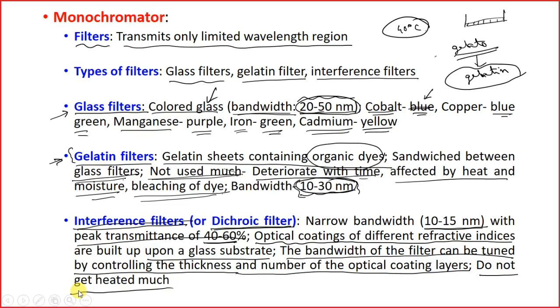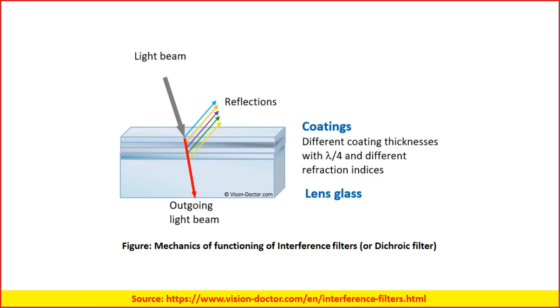Okay, now how does it look? Suppose you have a glass over here, and then over this you deposit different coatings over the glass surface. Now, from each of the surfaces, you will have some reflections.